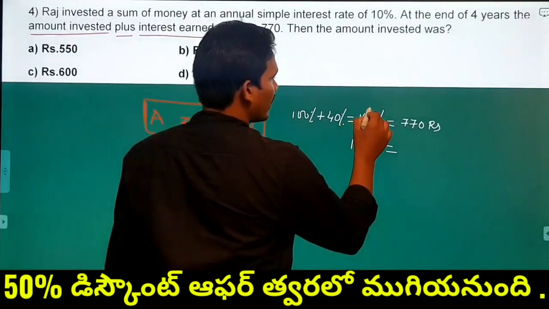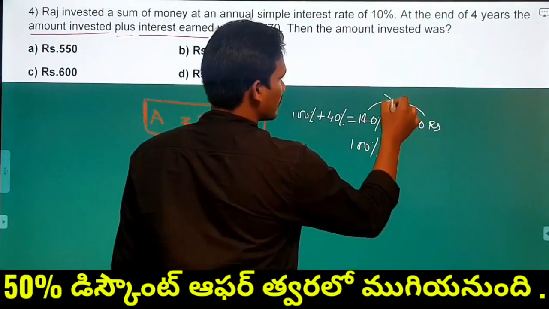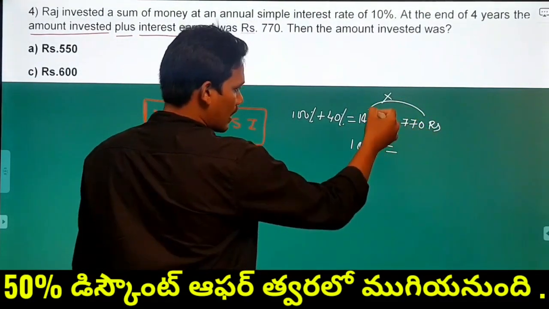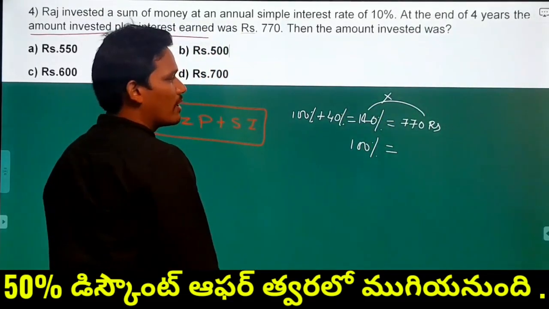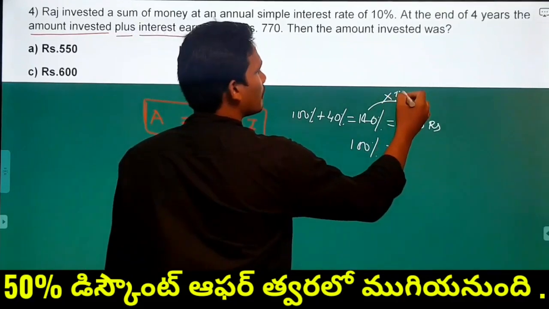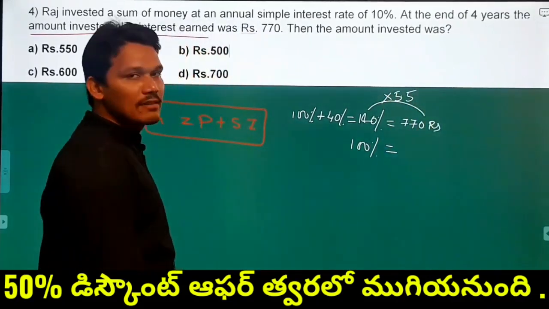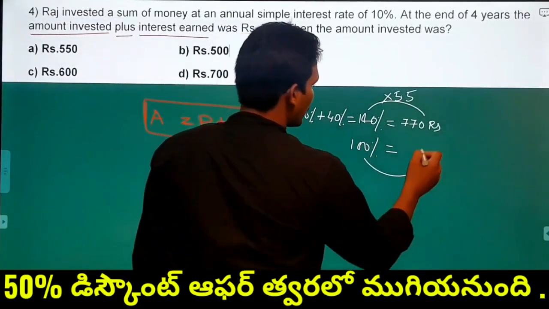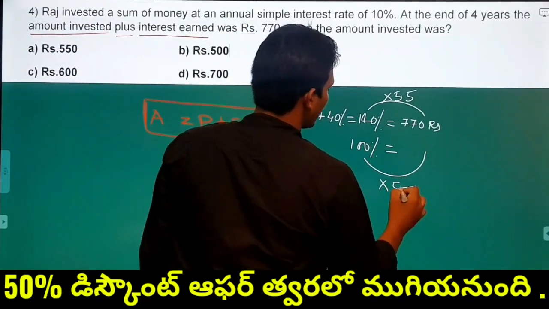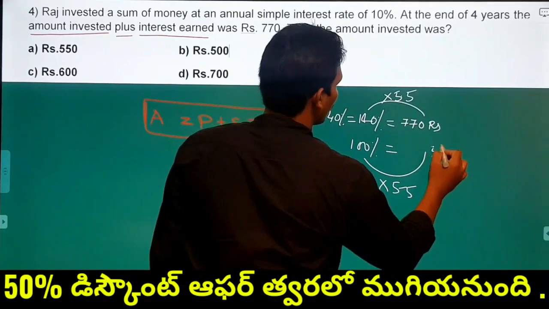Now you need to find the 1% value. 0 0 cancel, 7 11s are 77, 7 2s are 14. So 11 by 2 can be given as 5.5. 770 by 140 is 5.5. So the 100% value equals 100 into 5.5, which is 550 rupees.